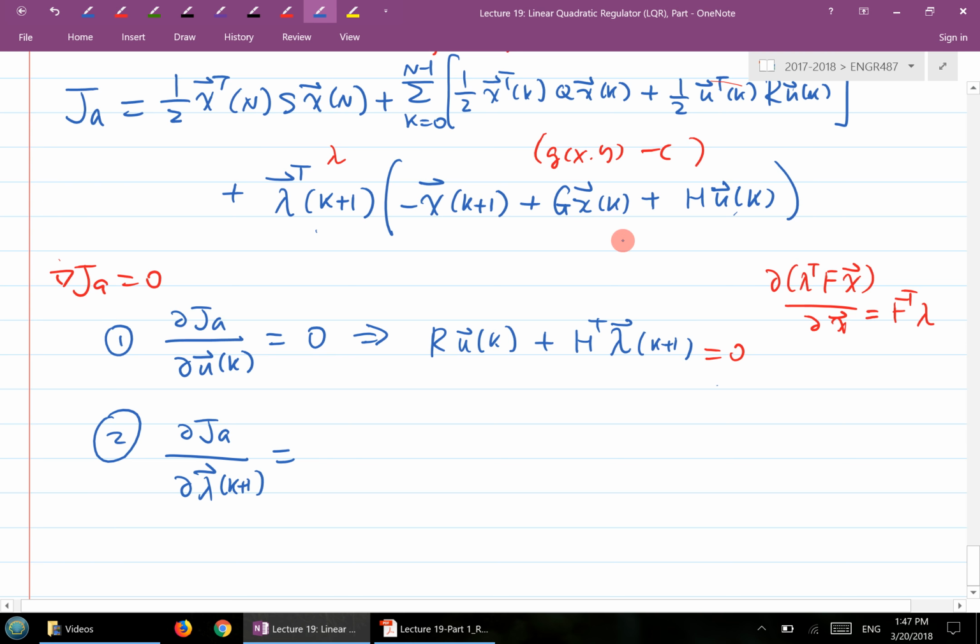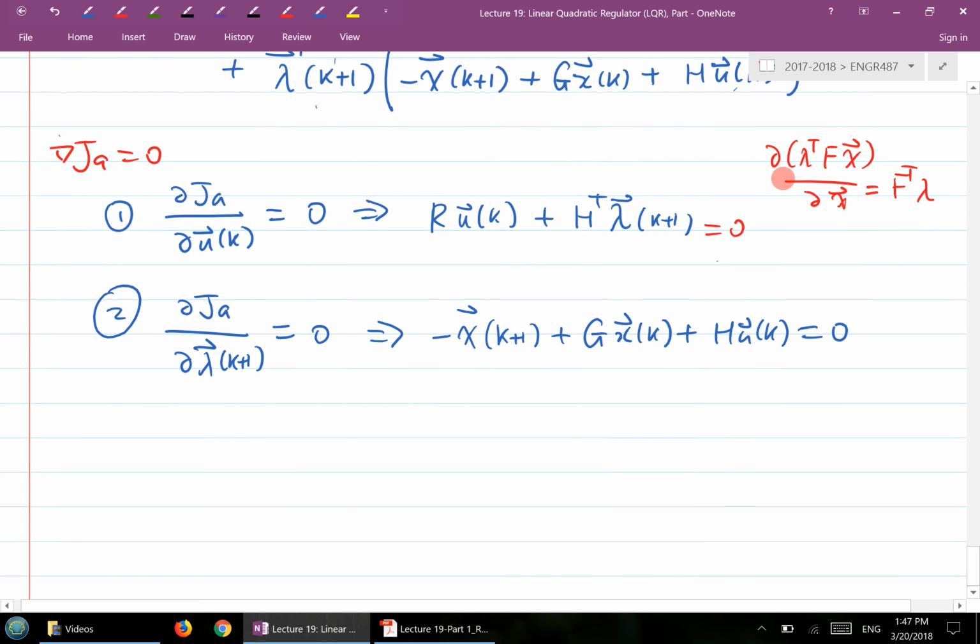For this term, any terms other than lambda will be considered constants. So for this derivative equal to 0, you get back whatever is inside the bracket equal to 0. And this is our constraint, basically. Is that good?